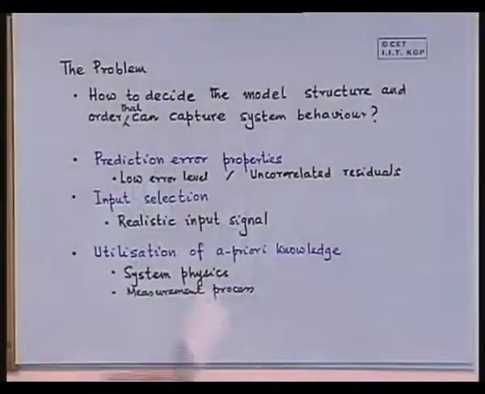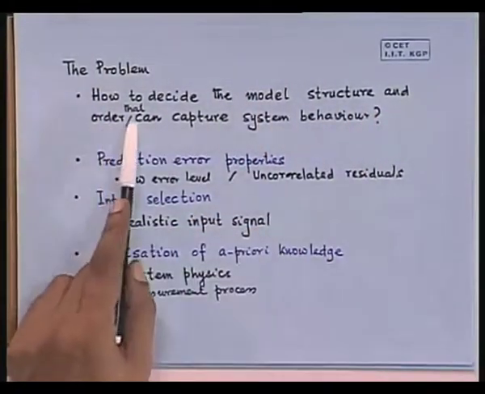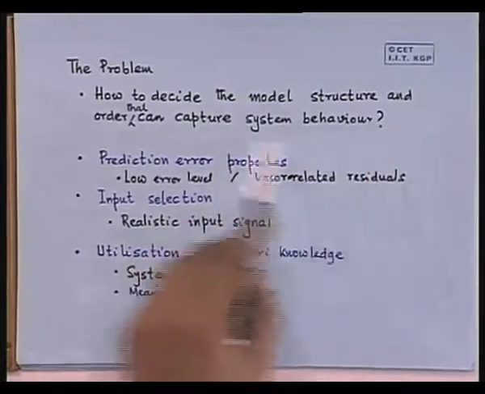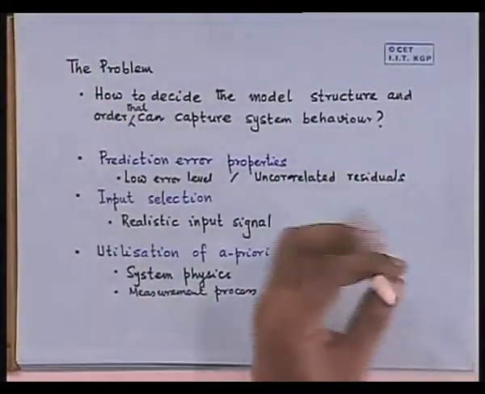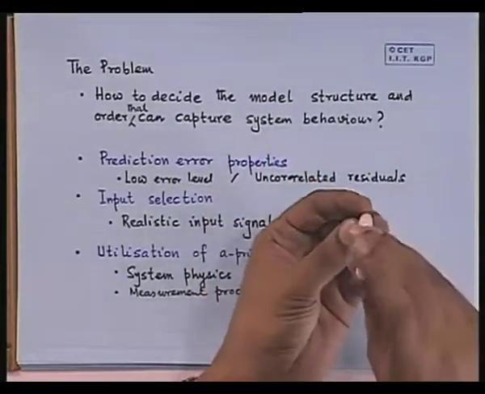Coming to that, basically the problem is how to decide the model structure and order that can capture system behavior. This is a rather qualitative statement, but what it tries to say is that it should be able to capture the system behavior good enough. What do I mean by good enough?